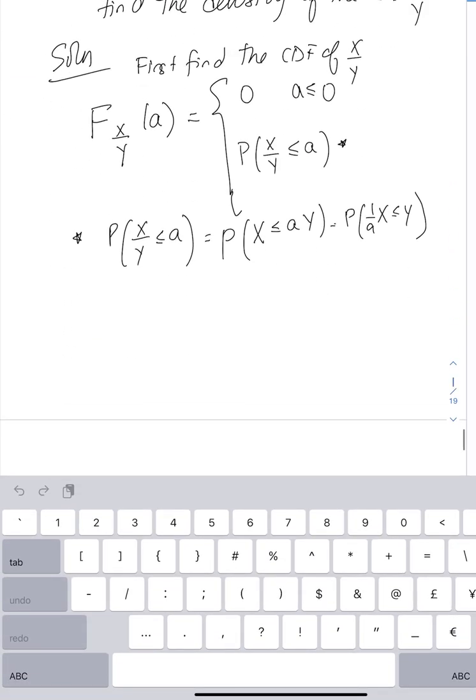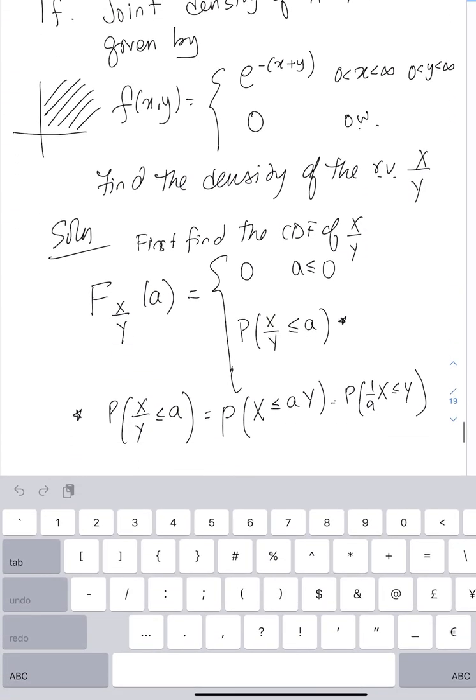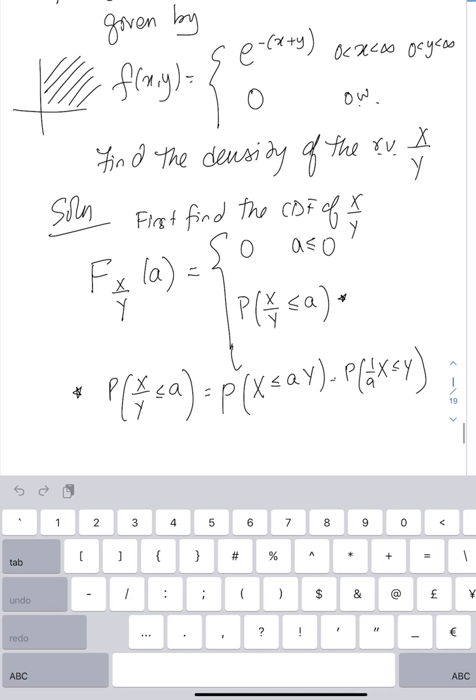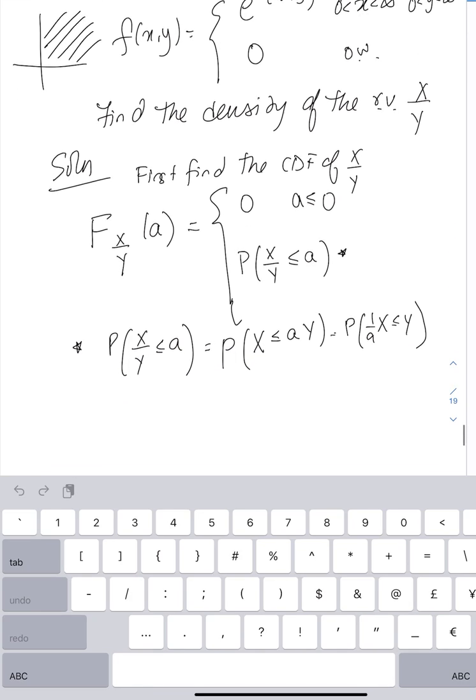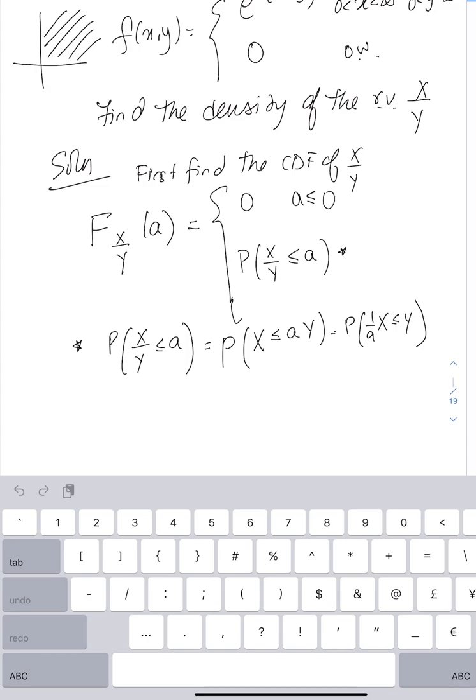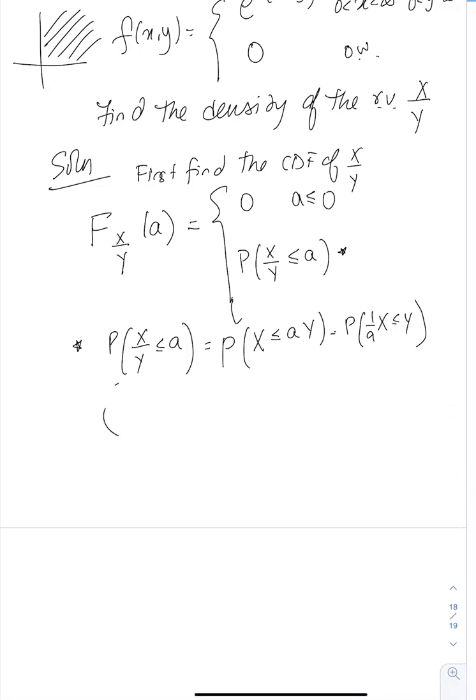Or you can say this is the probability of x comma y being in, what do we have?